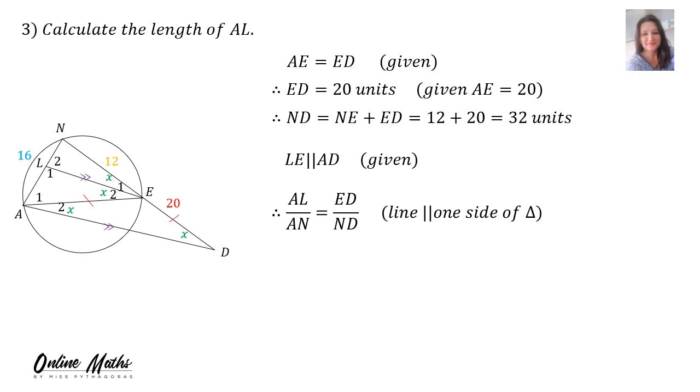And why can we say that? Theorem 1, the line parallel to one side of a triangle. And now we substitute. We know AN is 16, ED is 20, and ND is 32. So we will multiply away the 16 and we end with AL is equal to 10 units.